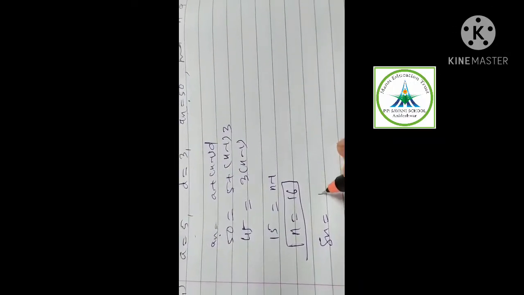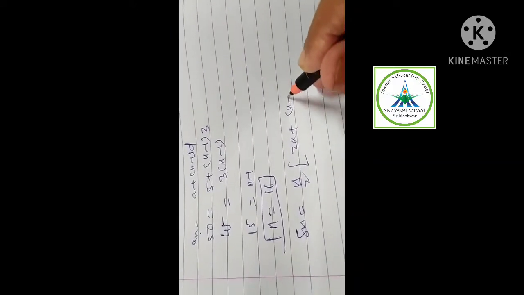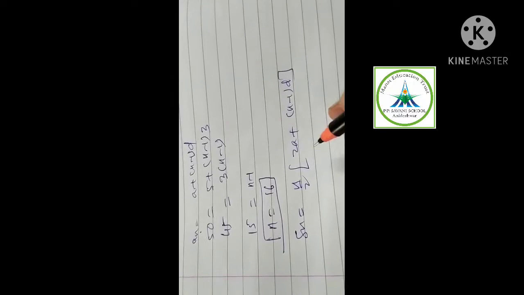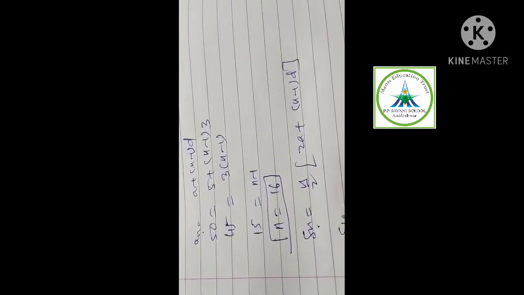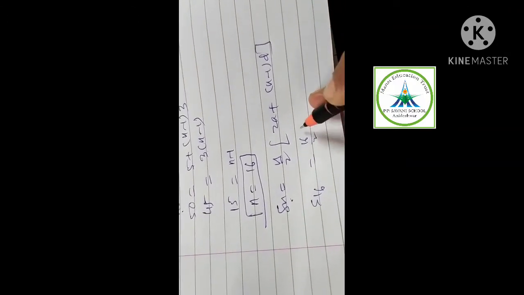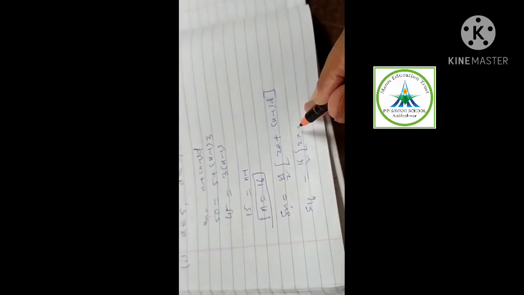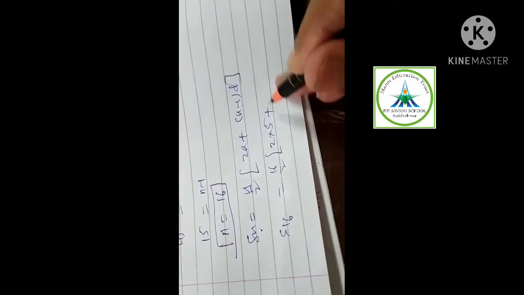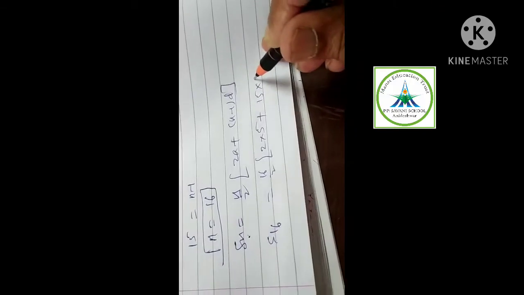We will take only the general formula we discussed first, that is 2a plus n minus 1 d. Got it? Now see, n is 16, so S16. 16 upon 2. Put the value of a, which is 5, plus n minus 1, which is 16 minus 1 means 15, and d is 3.